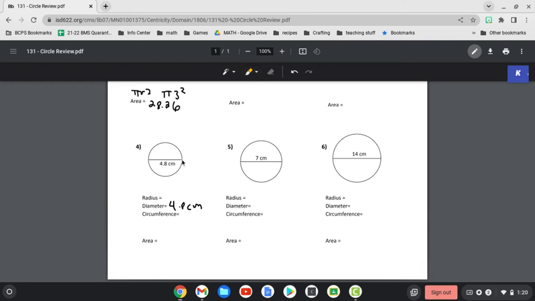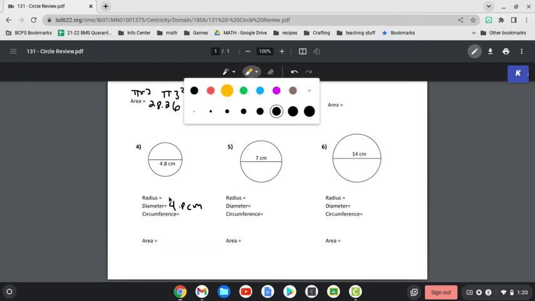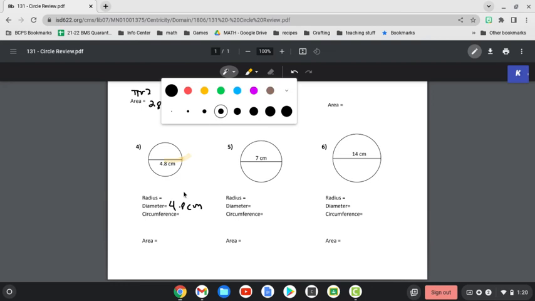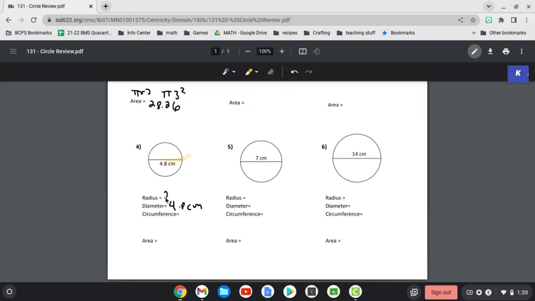It'd be cool if my highlighter worked. Well, just pretend that highlighted, okay? So half of 4.8, well, I know half of 4 is 2, and half of 8 is 4. So I'm going to say that the radius is 2.4 centimeters.